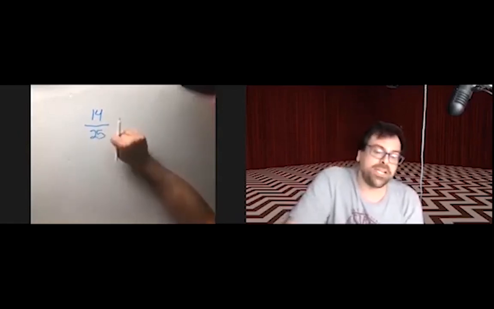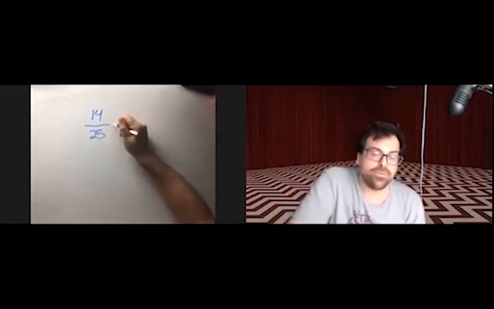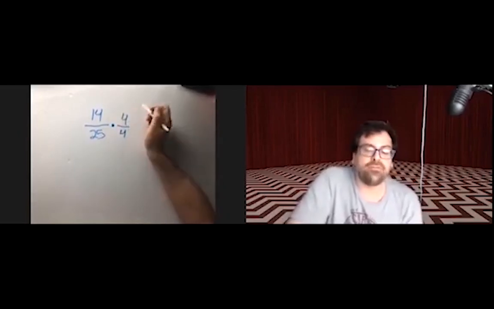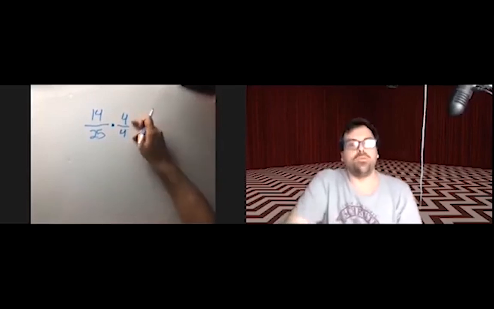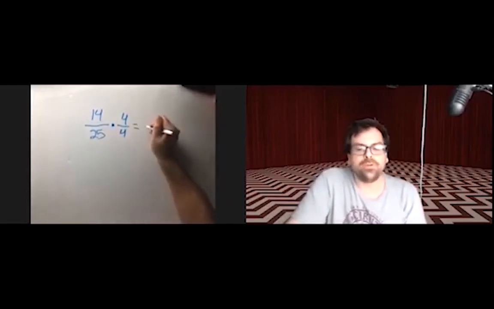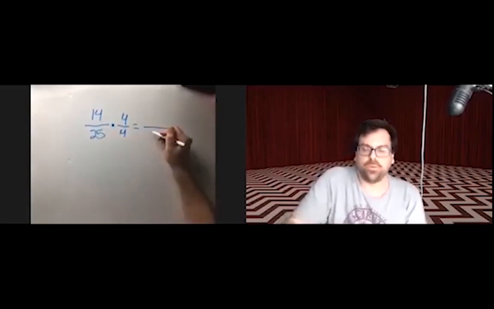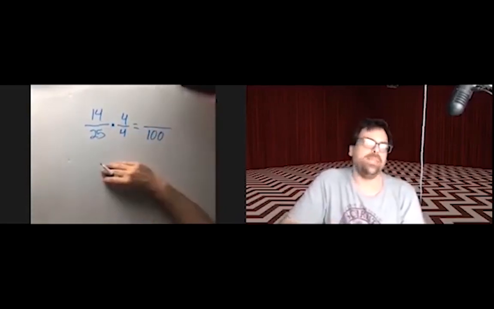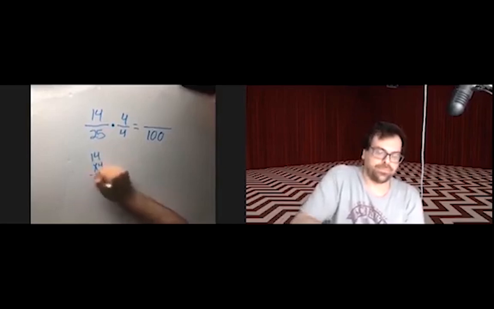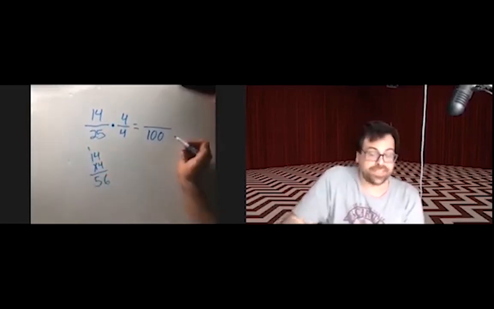When we have 14/25, we can recognize that if we multiply by 4/4, if we multiply by 1 and not change the value, 25 times 4 is 100. So 14 times 4 is 56.